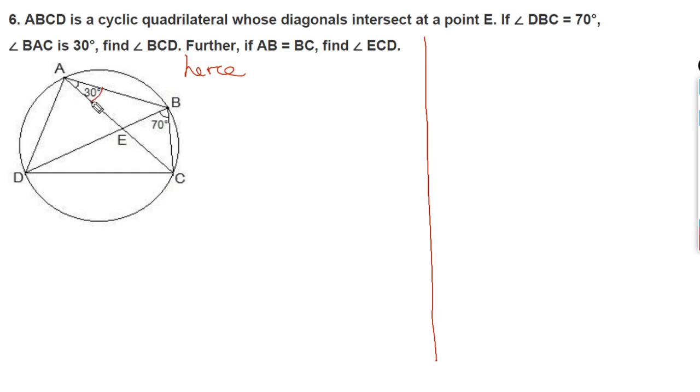Here angle BAC is equal to 30 degrees. Similarly, angle BDC will also be equal to 30 degrees. Why? They are angles of the same segment, this segment. So angle BAC is equal to angle BDC, angles of the same segment.